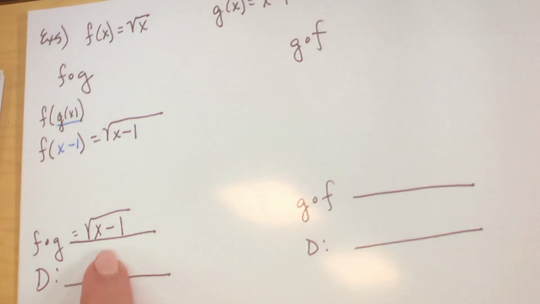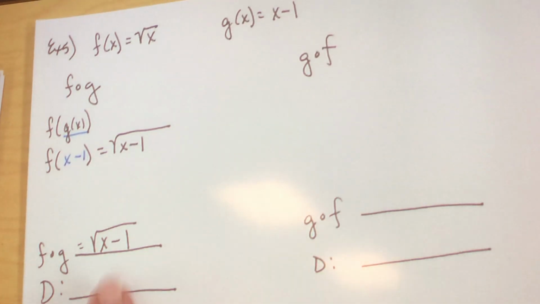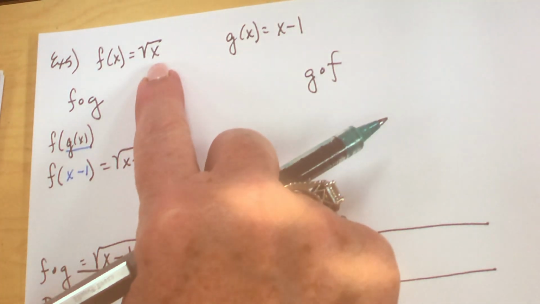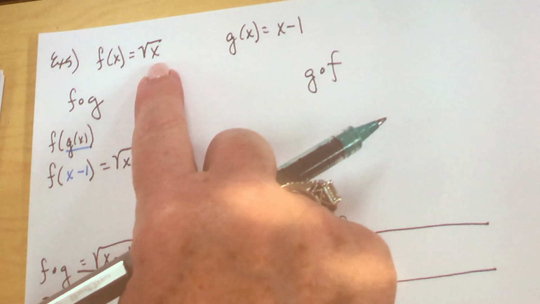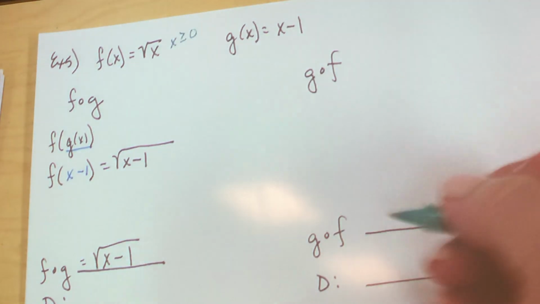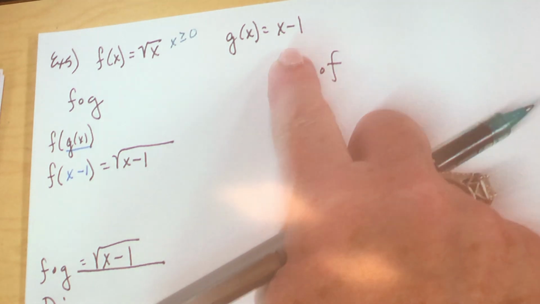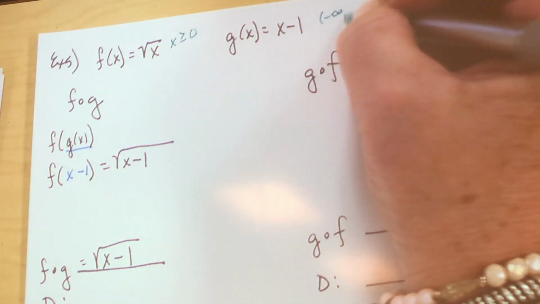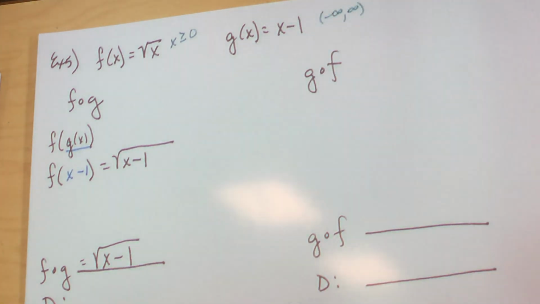Okay, so if you're going to do both of them, you might as well go ahead and do all the domains. So, what's its domain? Right, x is greater than or equal to 0. What's this one's domain? Negative infinity to positive infinity.